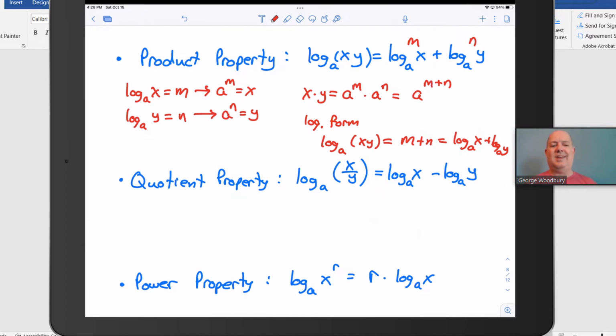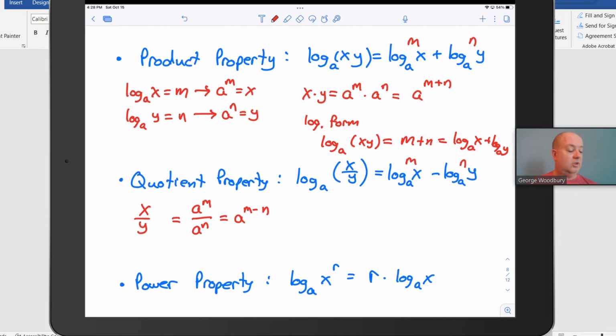And if we use the same setup, again, assuming that log base a of x is m and log base a of y is n, then x over y equals a to the m over a to the n power, which we know we can simplify by subtracting those exponents, a to the m minus n power.